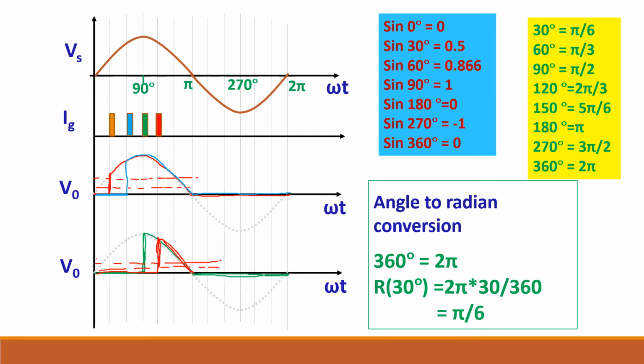This is how we are able to control the magnitude of the output voltage by varying the firing angle alpha. So in this case alpha is 30, in this case alpha is 60, in this case alpha is 90, and in this case alpha is 120 degree.